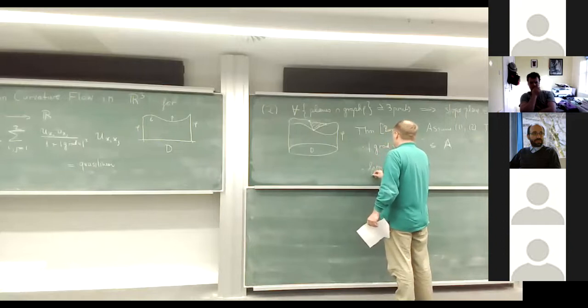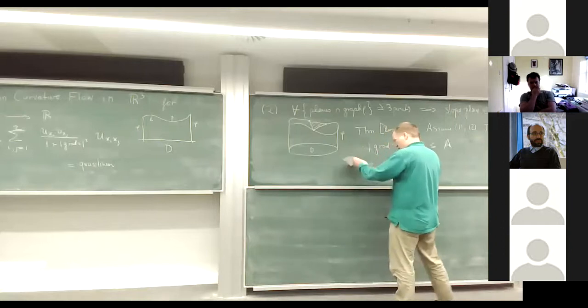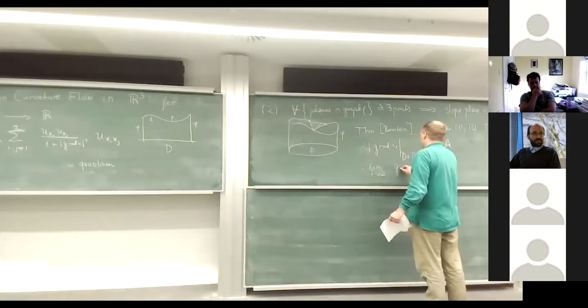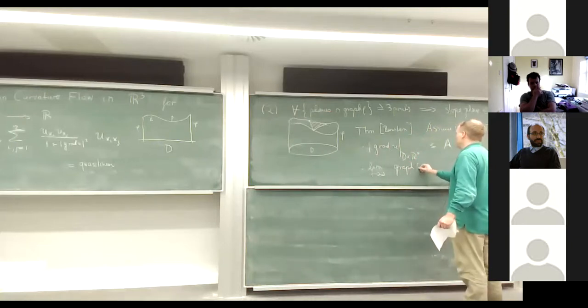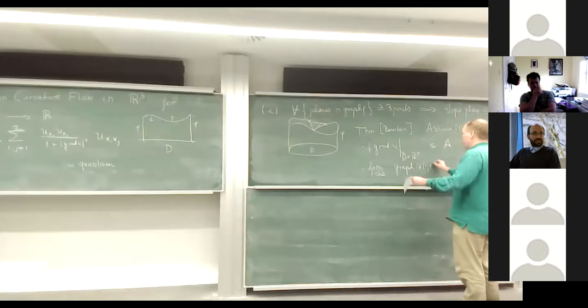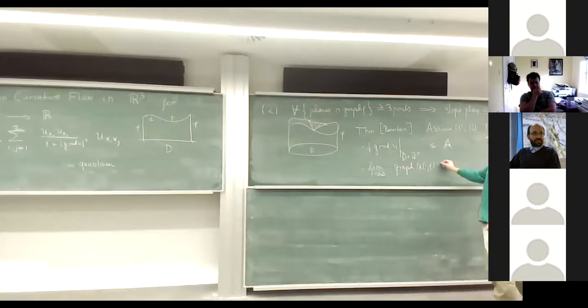And the limit as t goes to infinity of the graph of our function u(., t) exists and is a minimal surface in R3 with boundary the loop phi.